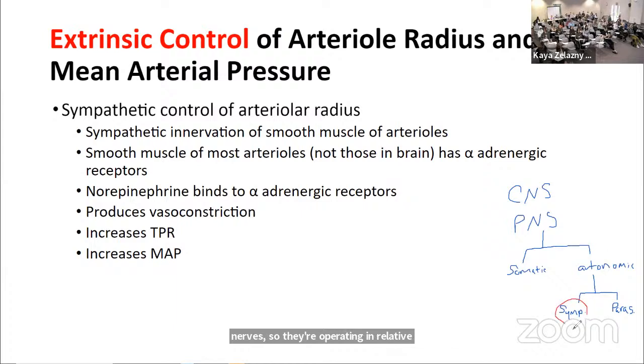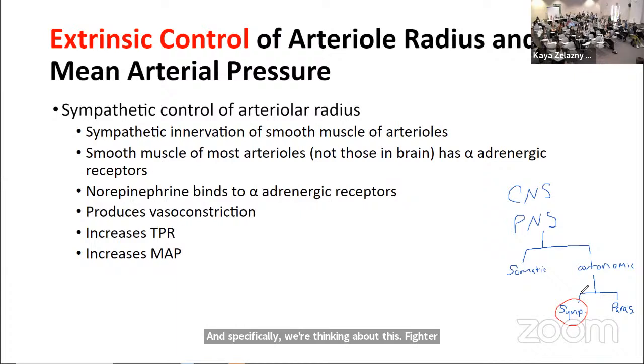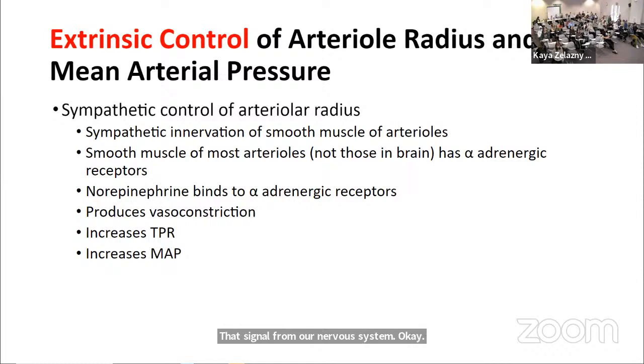And specifically, we're thinking about this fight or flight part of the autonomic nervous system that's helping us release norepinephrine and epinephrine, which our adrenergic receptors respond to. Okay. It can do that because we are going to see that smooth muscle has adrenergic receptors in it to receive that signal from our nervous system. Okay. Right. So we have sympathetic innervation to the smooth muscle. That's our first thing. We have nerves that go there.